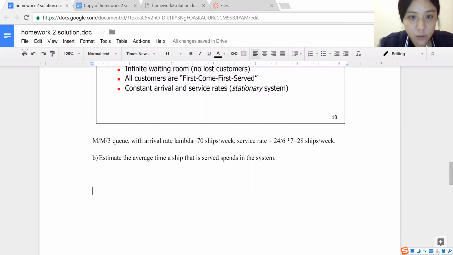So we know the average time a ship spends in the system is approximately 0.086 weeks, and you can calculate it in hours. It's roughly about 14.4 hours, and this is from the Excel.